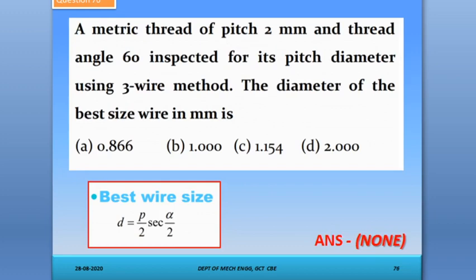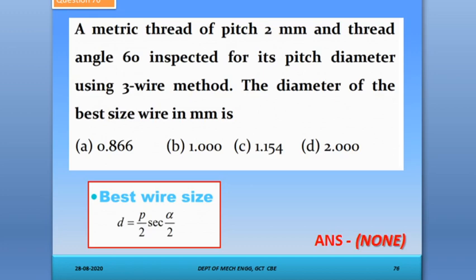A metric thread of pitch 2 millimeter and thread angle 60 is inspected for its pitch diameter using the 3 wire method. What is the diameter of the best wire in mm? Here also the same formula is used.